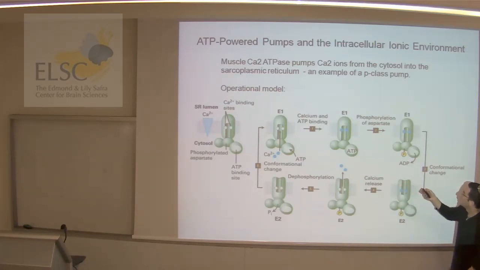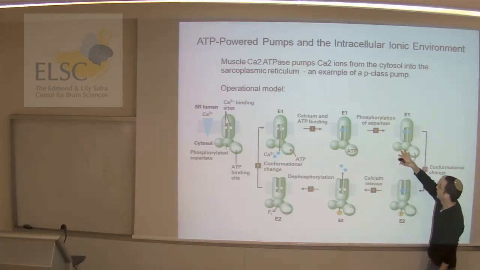Next, ATP hydrolysis. The lone phosphate is linked here to an aspartate residue. This is also a conserved feature in P-class ATP pumps. The phosphorylation will always occur upon aspartate residues.